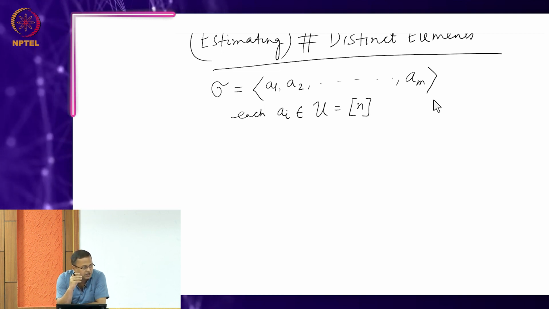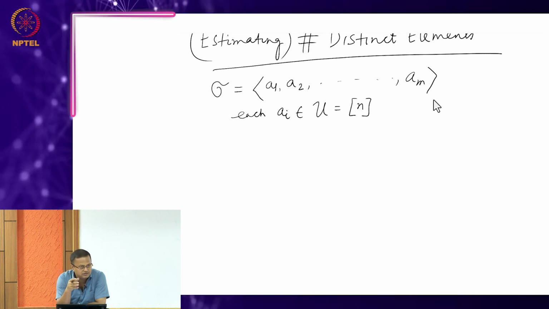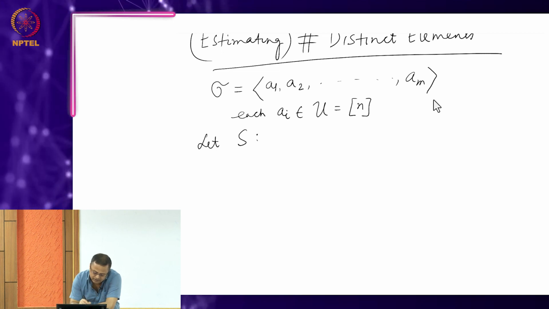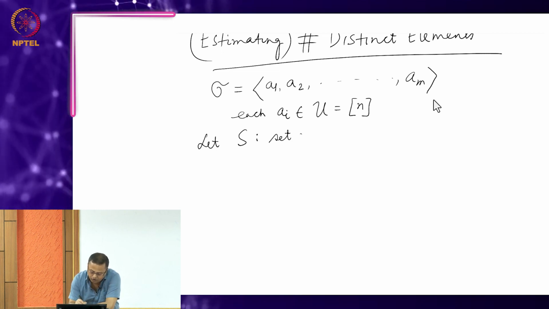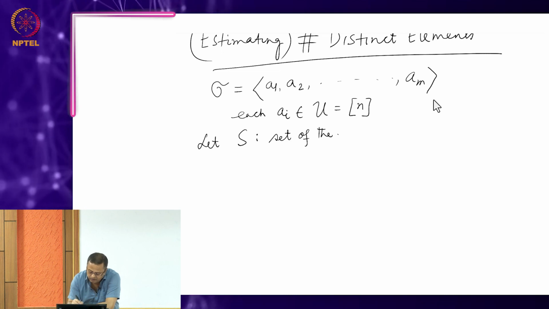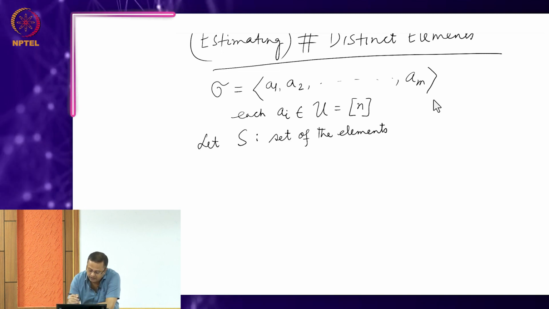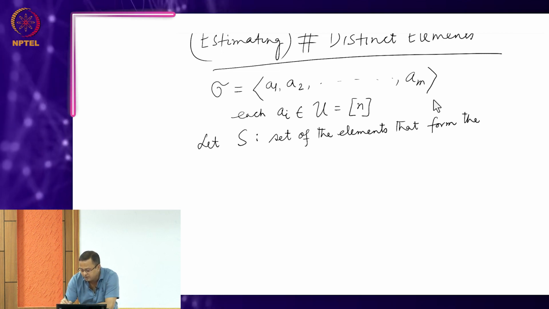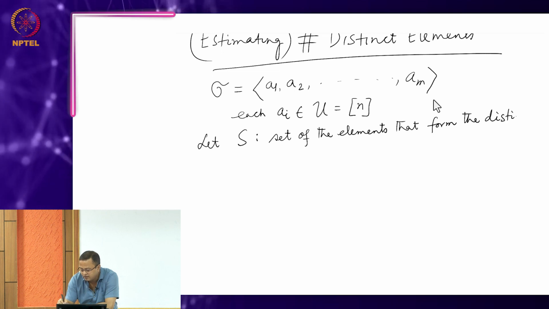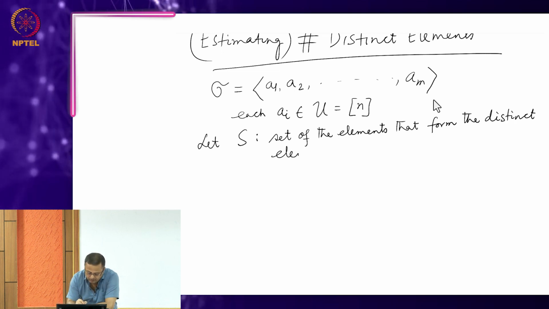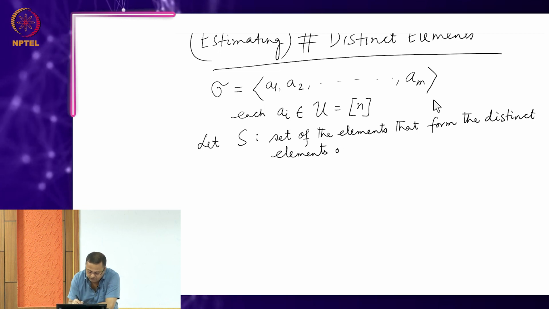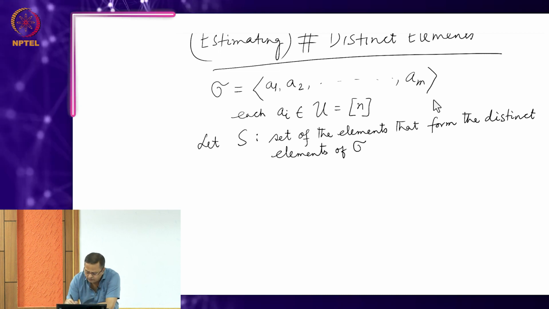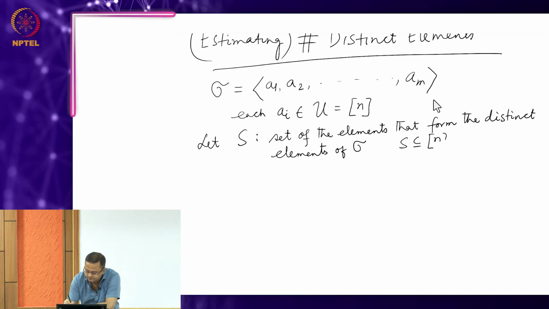So, that means for some elements there are many repetitions in this string. So, let S be the set of the elements that form the distinct elements of sigma, right. So, S is obviously a subset of the universe n.